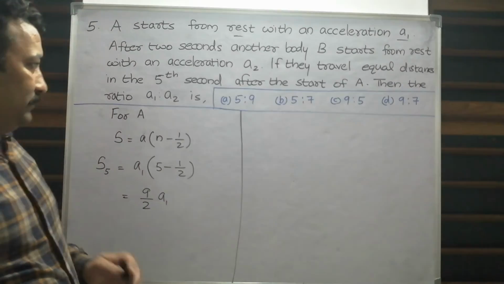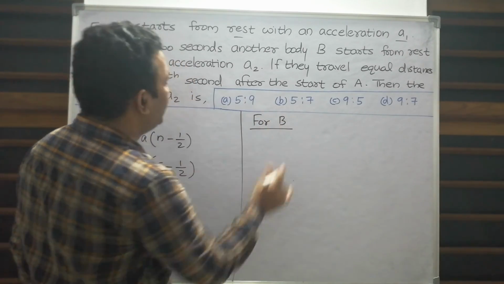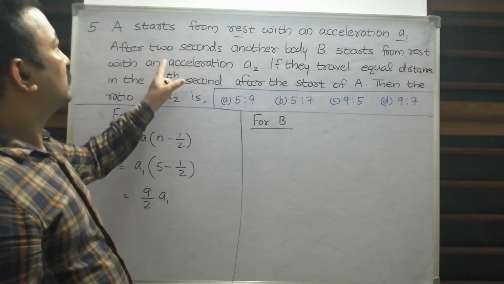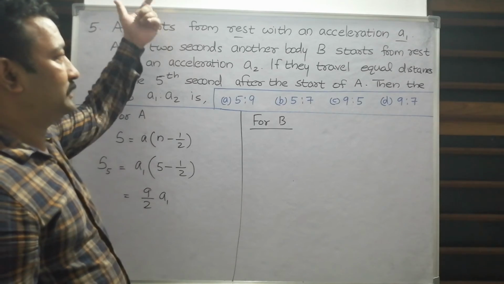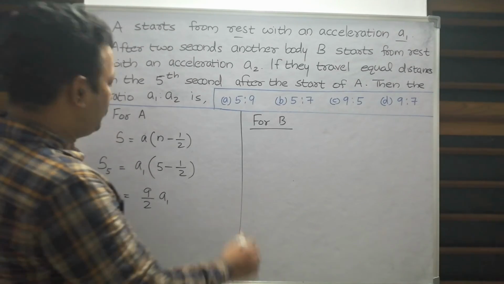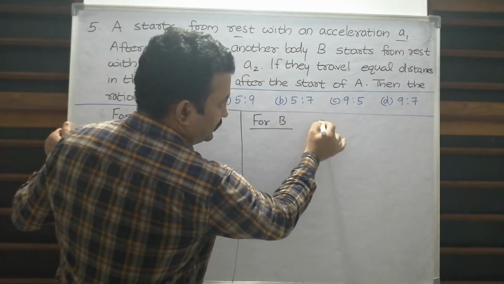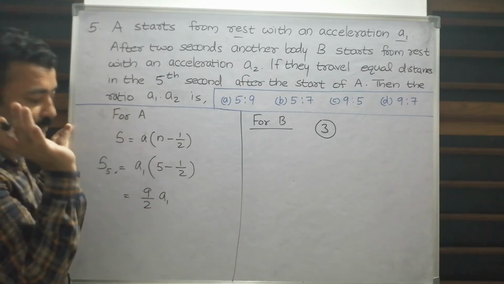And what about B? For B, the B is actually starting 2 seconds after the A started. I mean, it is starting after 2 seconds than A. So the time when it is 5, the time for B will be 3. That means the third second. For this it is fifth second and for B it will be the third second.